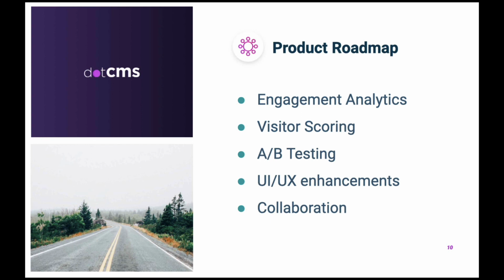So we're really talking about analytics and data that is exclusively generated and collected by dotCMS and exposed to digital marketers as actionable insights. On top of that, we're going to build visitor scoring and A/B testing, right? That really allows you to optimize the digital experience that you want to expose to your targeted audiences.